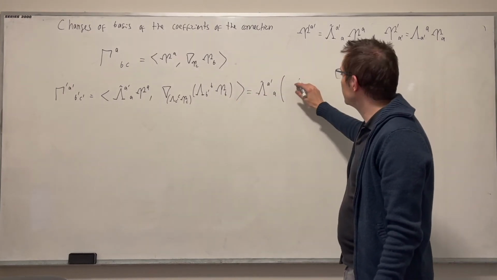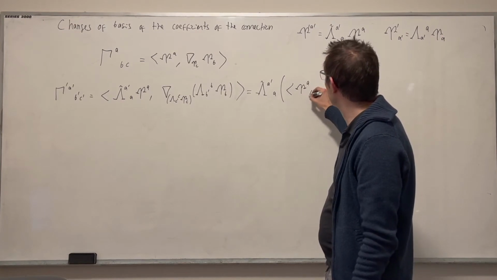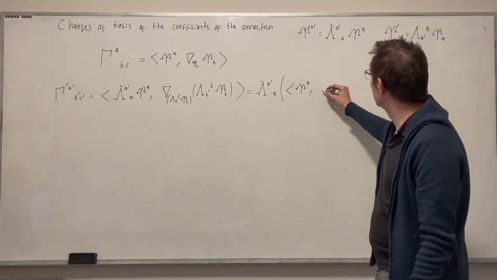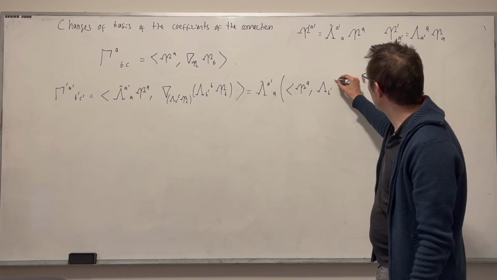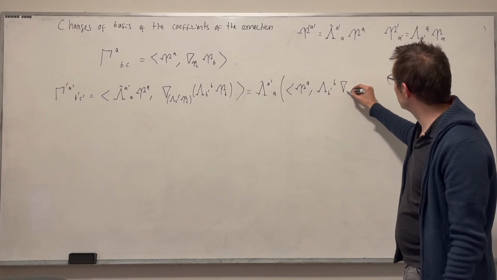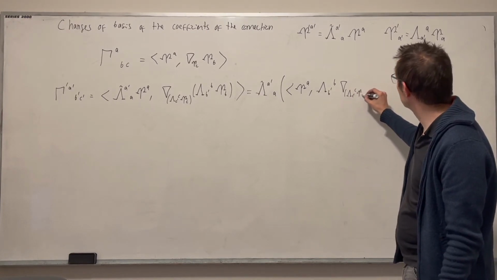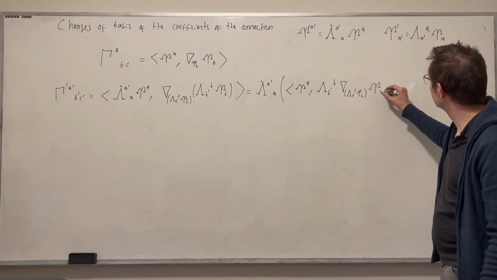So the first one is going to be epsilon a, comma, and then let me apply to the second one first. This is going to be lambda beta prime beta, and then I get the covariant derivative in the direction of lambda c prime c epsilon c, all right? And then here epsilon b.